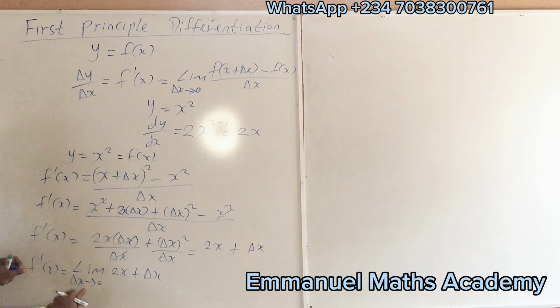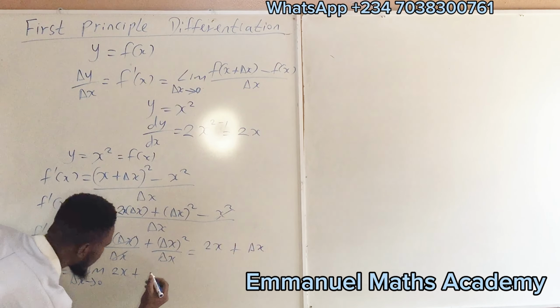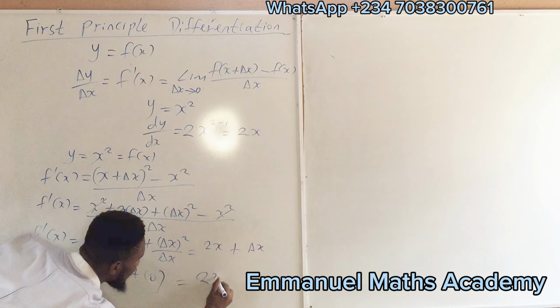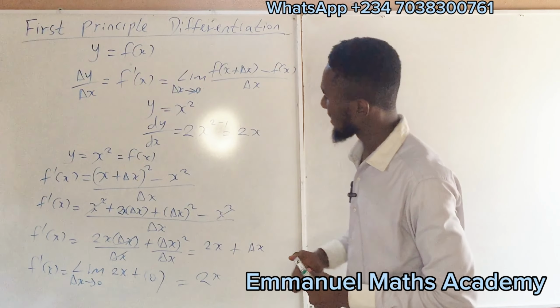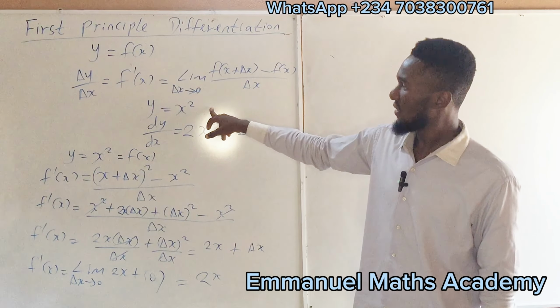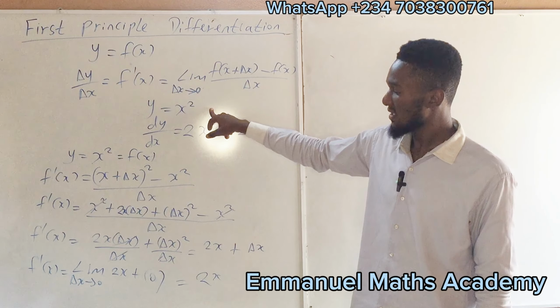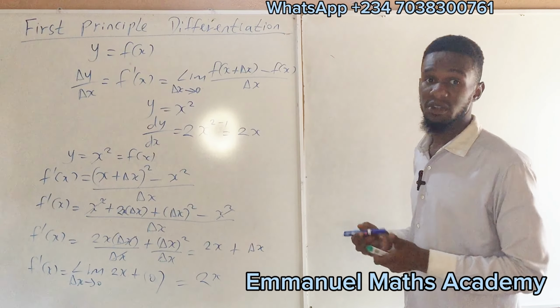That means substituting 0 whenever you see delta x. Now this will be 2x plus 0, which is equal to 2x. As simple as that. You can see that we got the same thing as when we did our differentiation using the general method. Is that correct? Let's solve another example using this for proper understanding.